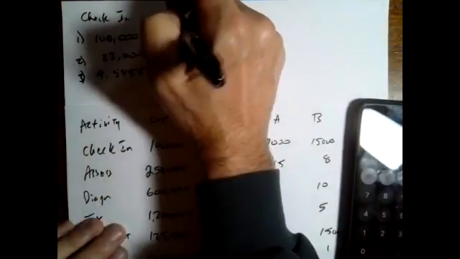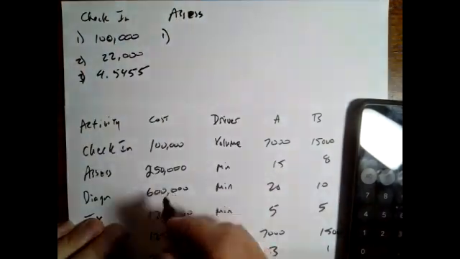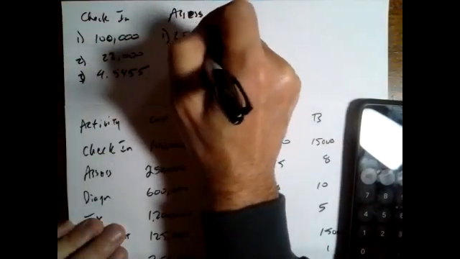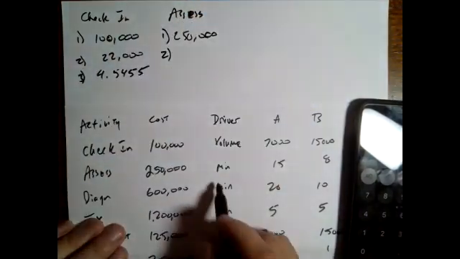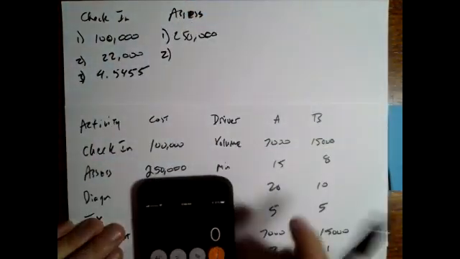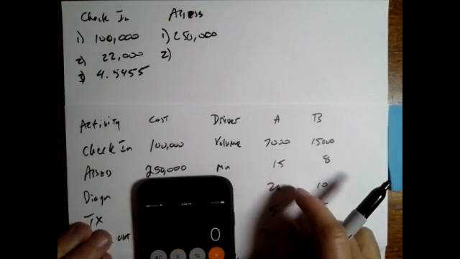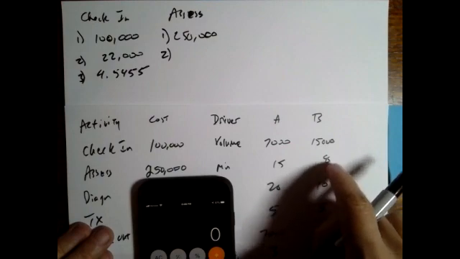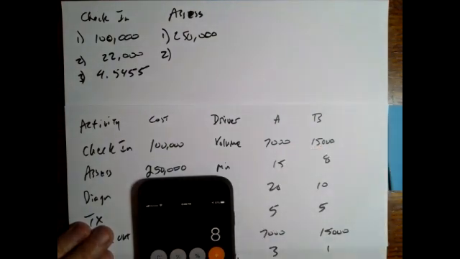Next is our assessment. The cost pool is $250,000. The driver is minutes of service. So we have 15 minutes times 7,000. That's going to be 105,000. And then 8 times 15,000 is going to be 120,000.